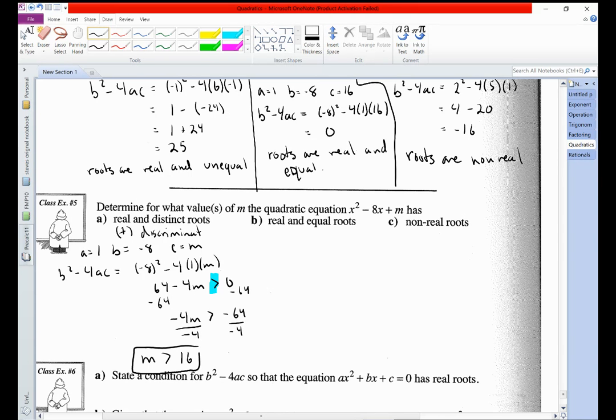Wait, did I flip my signs here? What happened? M has to be less than 16. What just happened here? Oh no, I made a mistake and I can't figure out what I did.